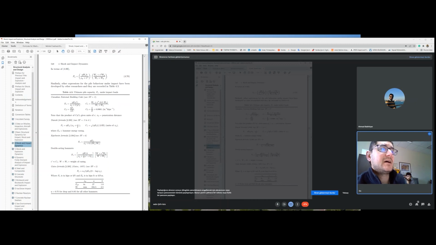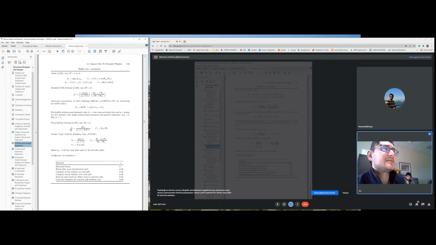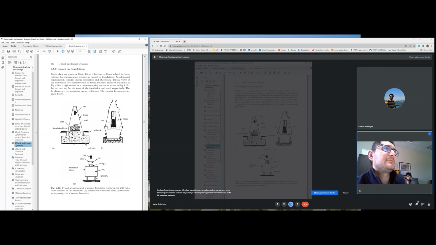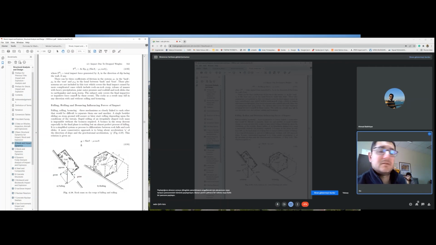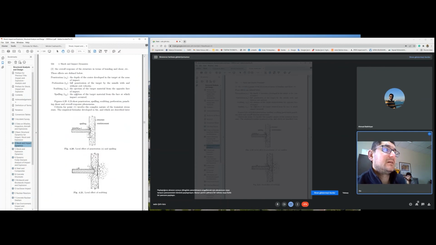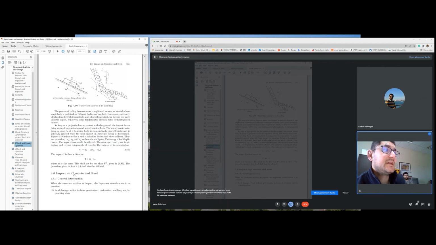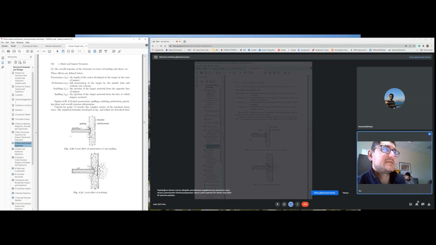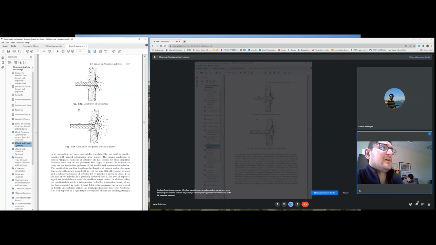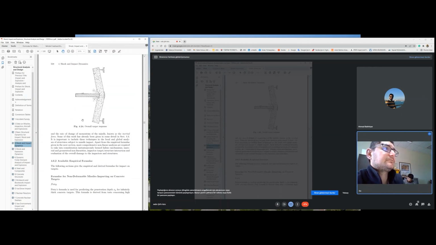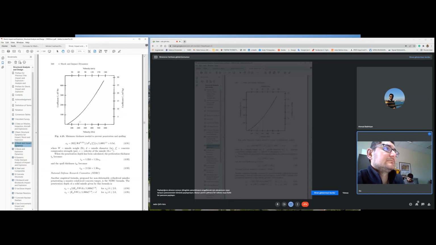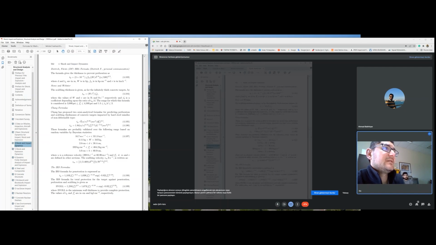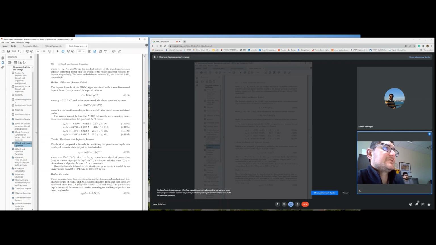But the impact time, contact behavior, and some equations can be okay. And 4.6, impact on concrete and steel. The concrete part is not important for us, but the steel part is our description. So we can look at the equations here.